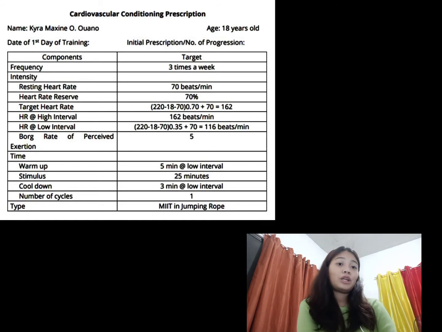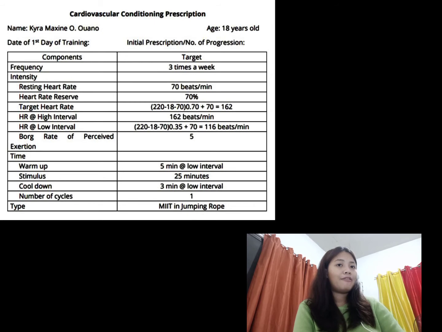My Borg rating of perceived exertion is 5. I chose 5 because my exercise is quite hard, or somewhat hard. So let's move on to the time.